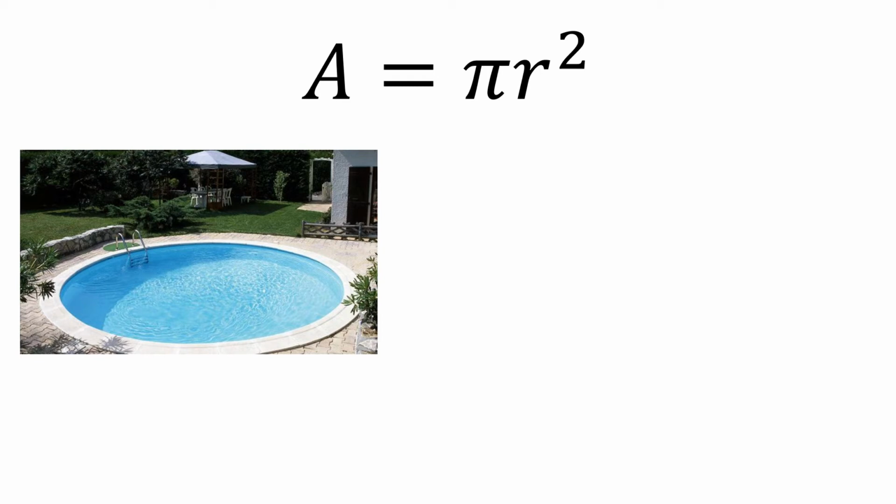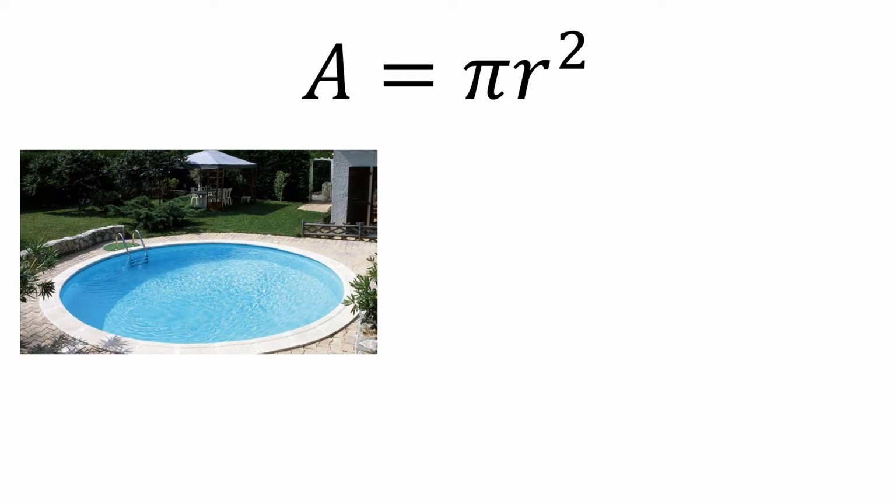So again, there's our formula at the top. Area equals pi times the radius squared. Now, if I take a look at that picture, I'm missing a very key ingredient to this math recipe. What do we need in order to find the area? We know what pi is. Pi is never going to change.